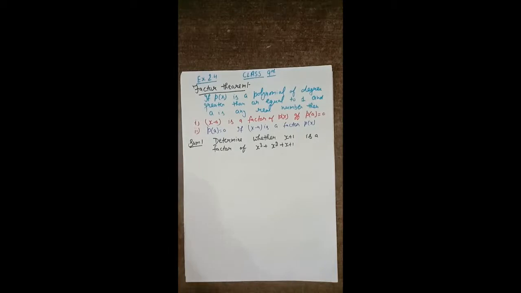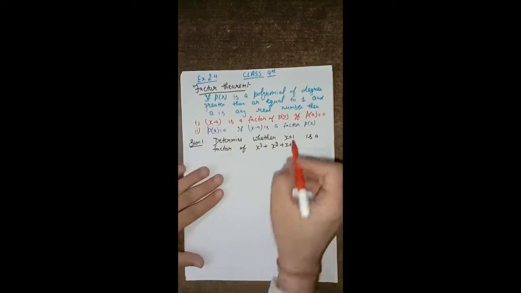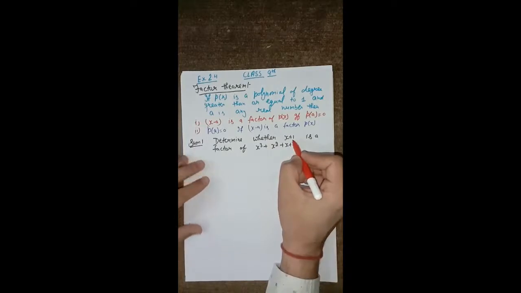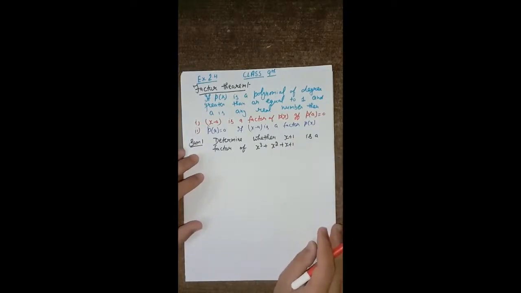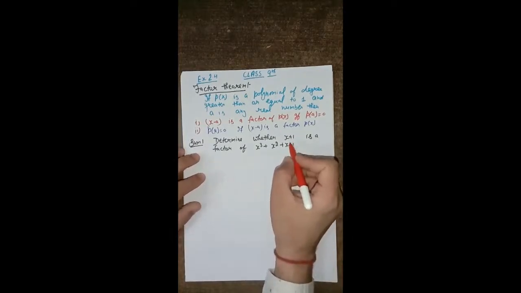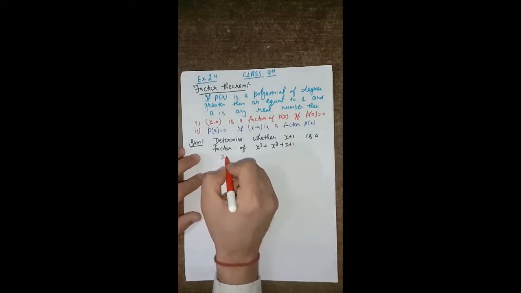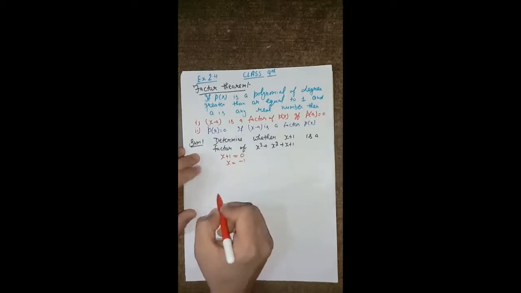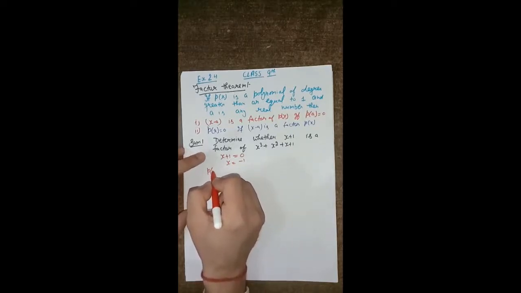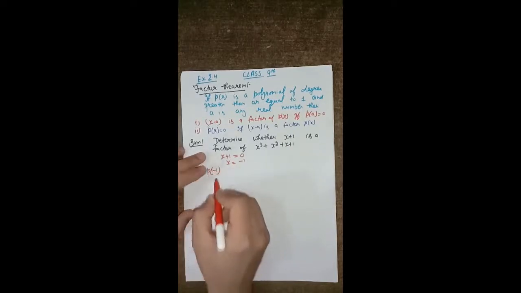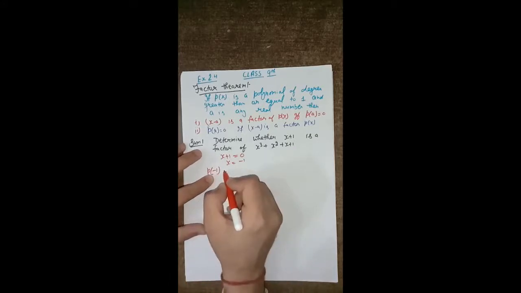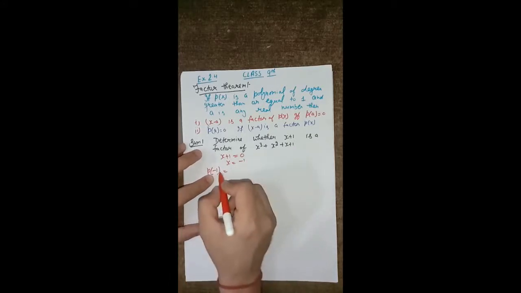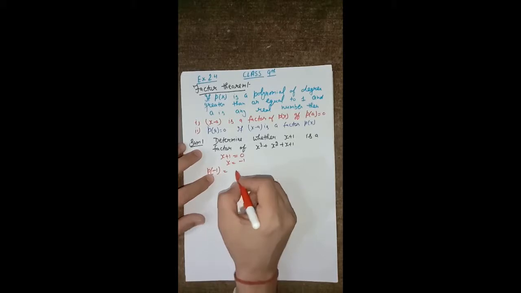According to our factor theorem, if p(a) is 0, then this will be the factor. So first find p(a). Here x plus 1 equals 0, so x becomes minus 1, and the value of the polynomial at x equals minus 1 is found by substituting the value of x as minus 1.